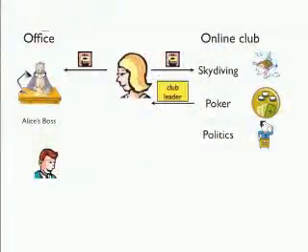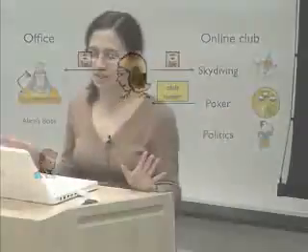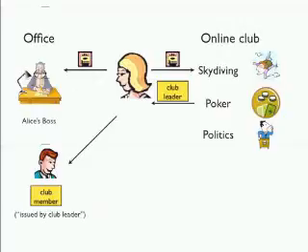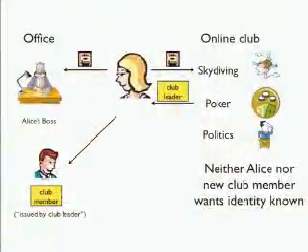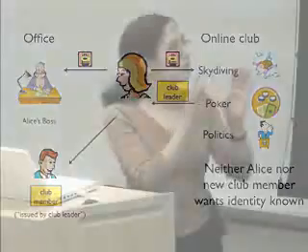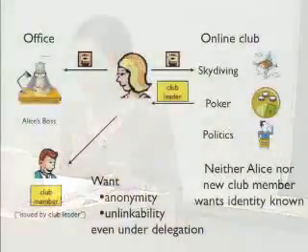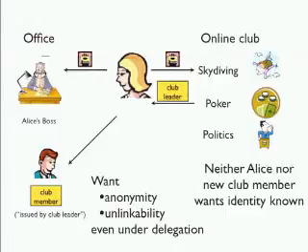So Bob comes along, and he can talk to Alice, and she's convinced that she should add him to the club, then she can give him a club member credential, which is basically a credential that says it was issued by a valid club leader. And we're still in this online world where neither Alice nor Bob wants their identity known, so they still want to maintain anonymity. And so the question is how to get this anonymity and unlinkability even when you add the extra layer of delegation.